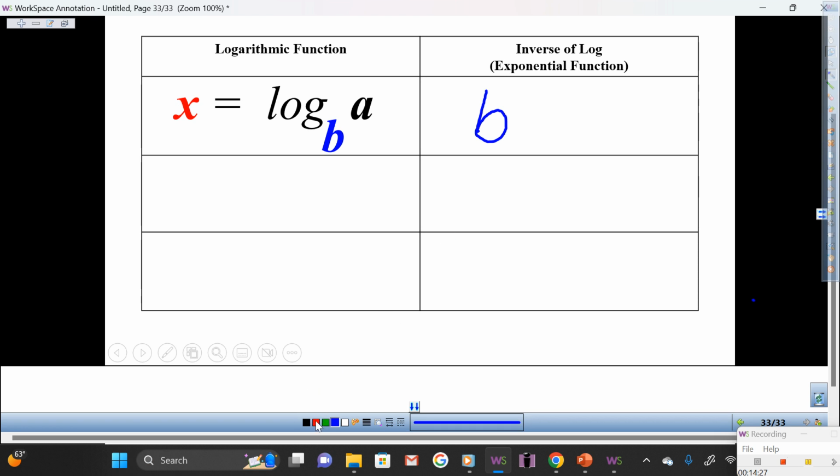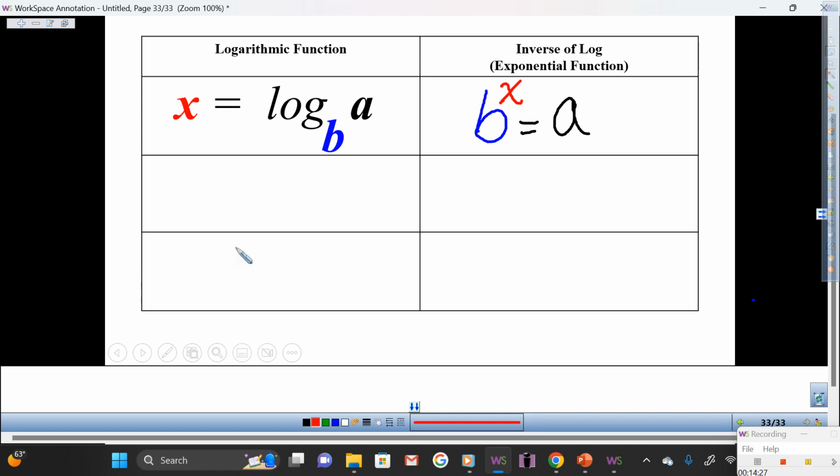What is the exponent? Ivan. x, yes. And all that is equal to the given number. The given number is a.